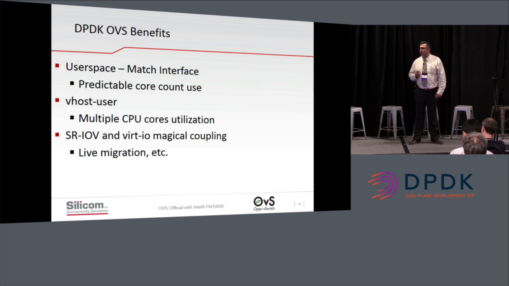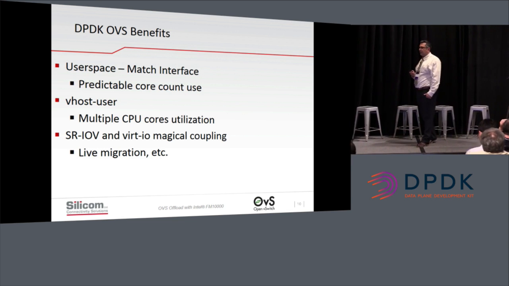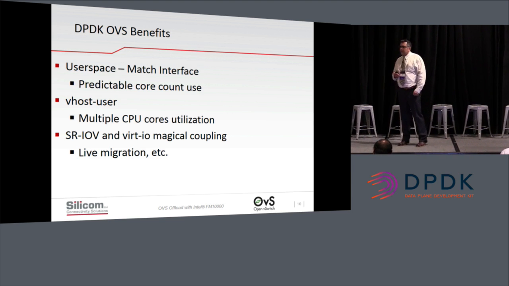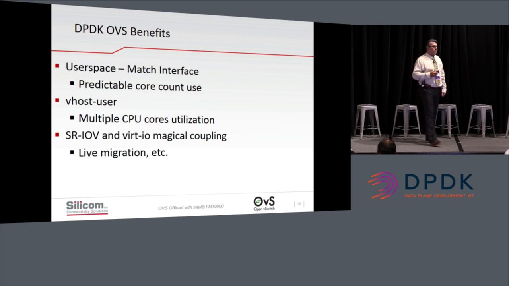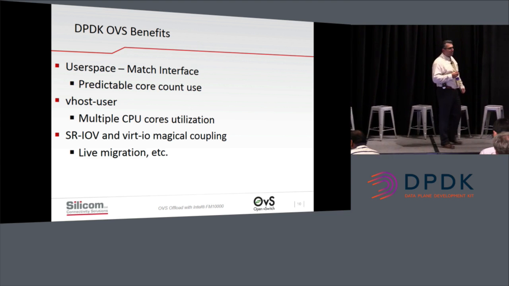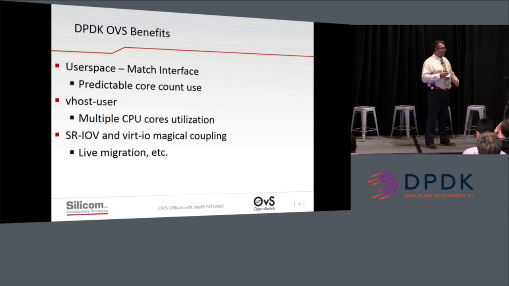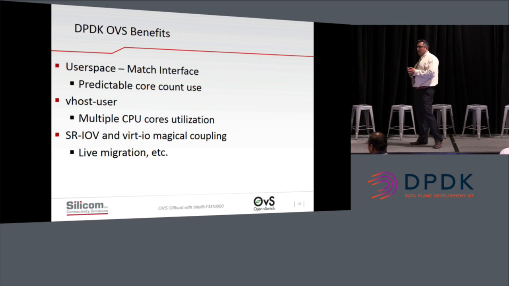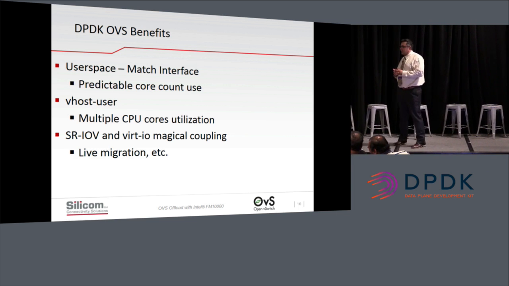So first of all, the user space is a big plus for us in this instance. I mean, almost all the interesting configuration of the data plane within the FM10K, whether it would be on the switch side or on the MAC side, and for sure on the link side, most of the tools are user space.